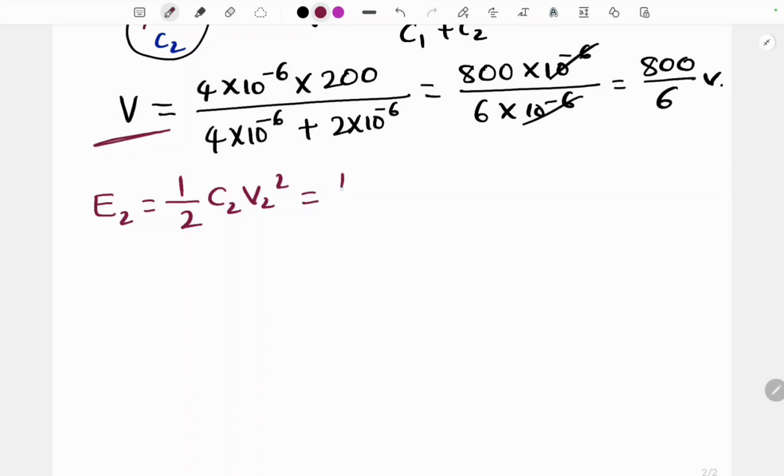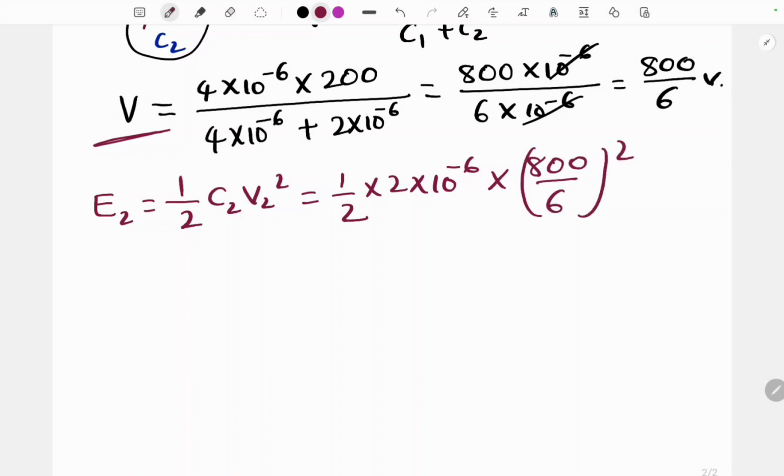Okay, that is equal to half into C2, which is 2 into 10 to the power minus 6, into V2, which is 800 divided by 6, whole square. Okay, now calculate this. You will get E2 is equal to, here 2 will cancel out, remaining value you will get as 5.33 into 10 to the power minus 2 joules.